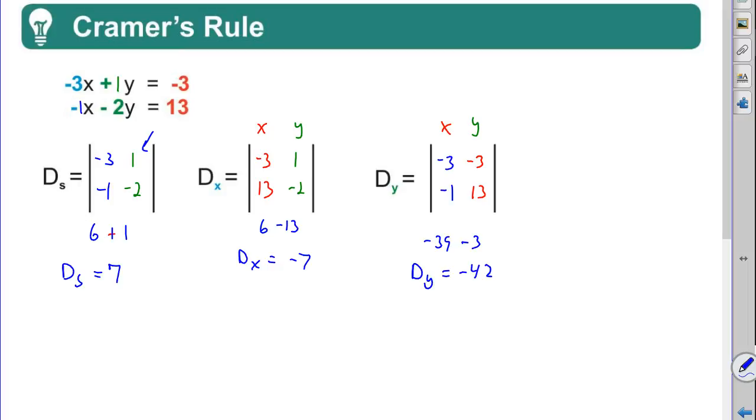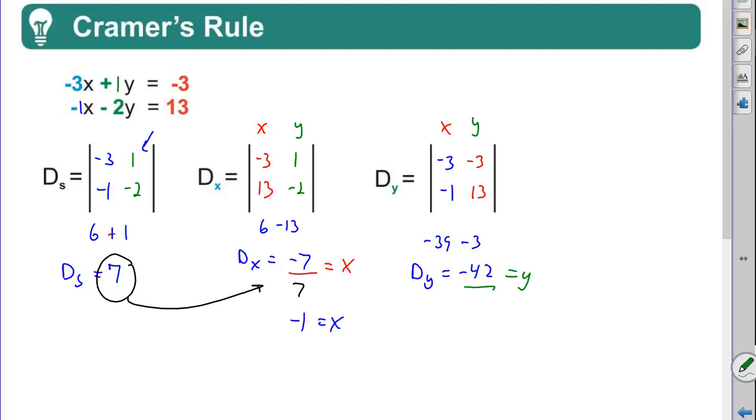Now, how do you get the value of the x and the value of the y? It's really simplistic. The value of the x will be the x determinant divided by the system determinant, and you can clearly see that our x is a -1. And how do you get the y?